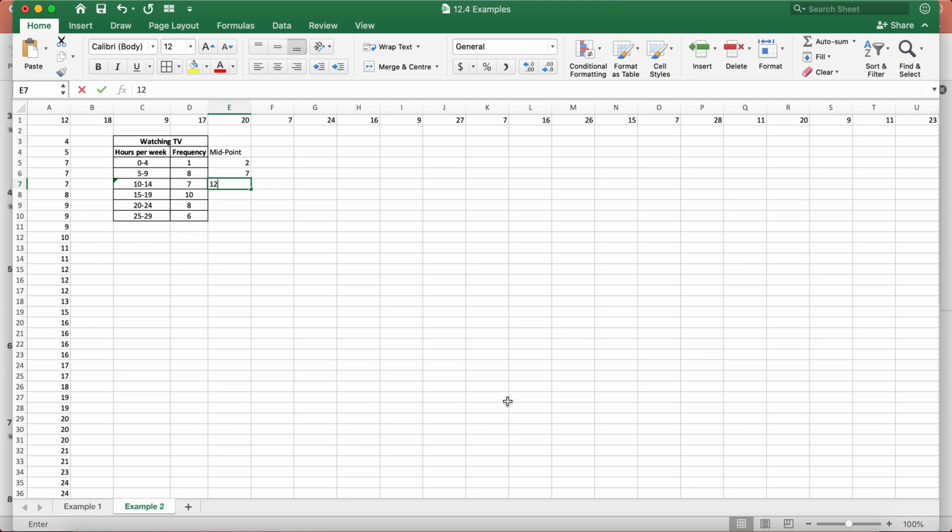Then this one will be 12, this one will be 17, this one will be 22, and this one will be 27. And those are my midpoints here. As I said, these are different from the ones in your book because I have used different intervals from what they're using there.